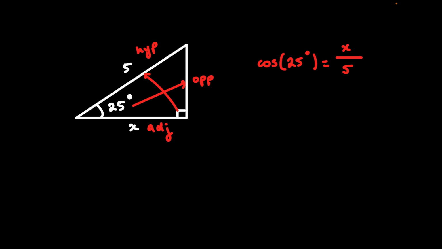Now our goal is to just work out the value of x. To work out x, we can times both sides by 5, and what we end up with is x equals 5 times the cos of 25 degrees. If we want to work this out, we can simply type it into our calculator, and what we end up getting is 2.11. So the value of x is 2.11.